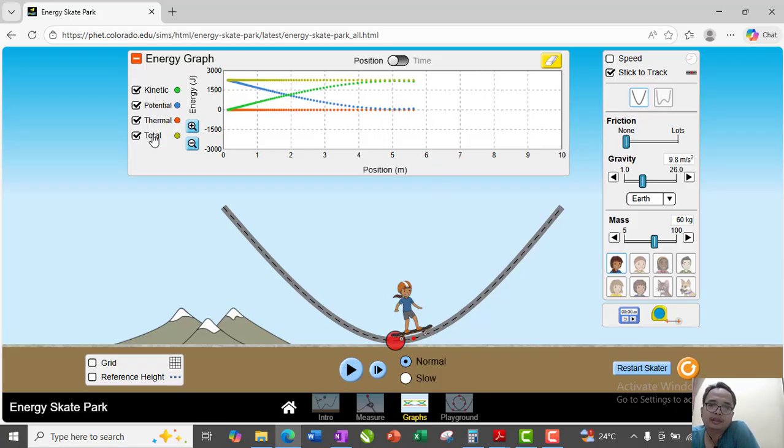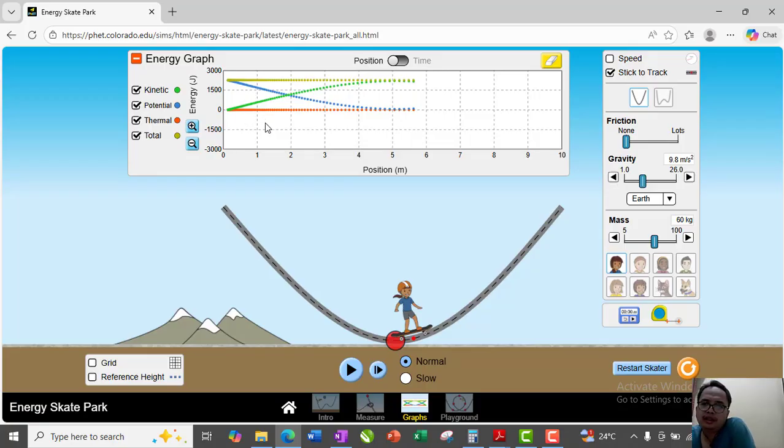This is kinetic energy, the green line, and potential energy is the blue line, and total energy is the light green line.